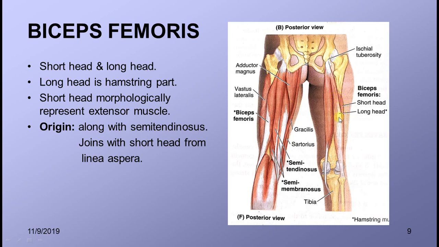Both the heads unite. Even though it arises in common, the tendon deviates laterally and is inserted into the head of the fibula, in front of the styloid process. So it is the only muscle getting attached to the upper end of the fibula.